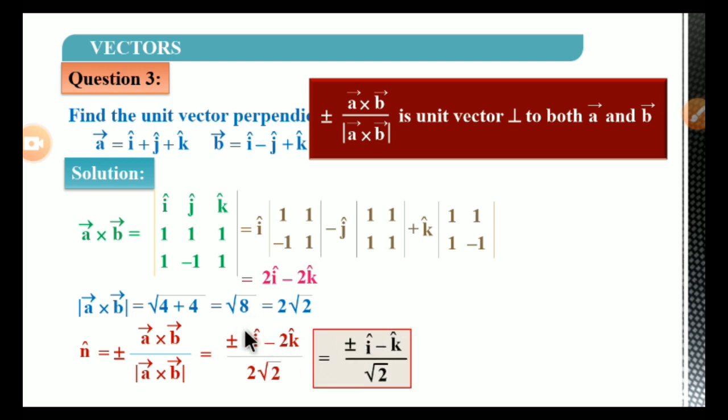Here we can take 2 common, and 2 is also in the denominator. So after the cancellation, we have plus or minus i minus k divided by square root of 2. So this is the unit vector which is perpendicular to both vector A and vector B.